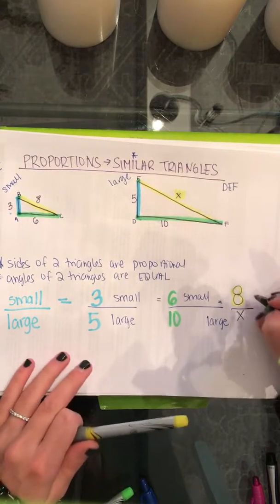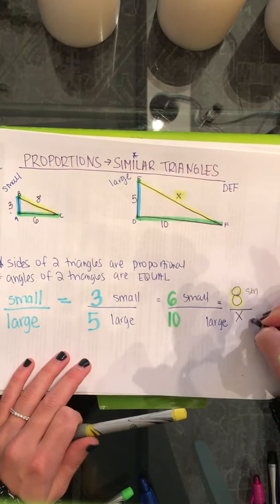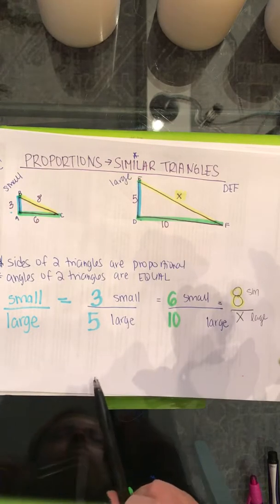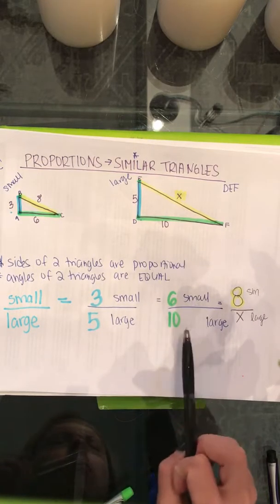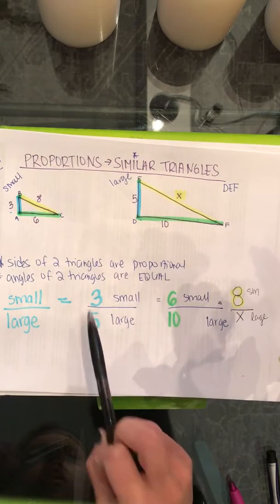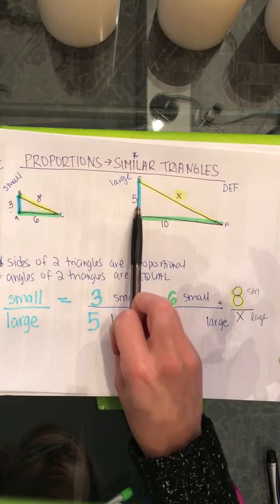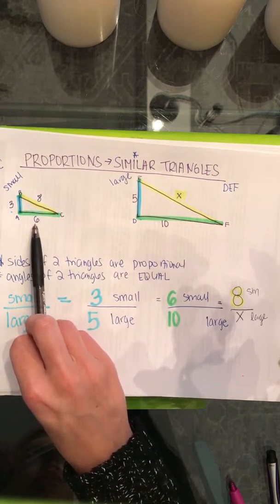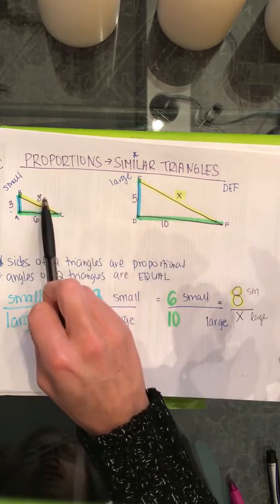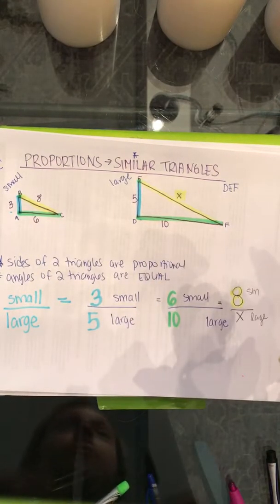So it's X. This is small, this is large. Okay, our setup is perfect. Small over large equals small over large equals small over large. We've got our blue sides that correspond to each other. This side is proportional to this side, and our green side on our small triangle is proportional to our green side on our large triangle, as well as our yellow sides.